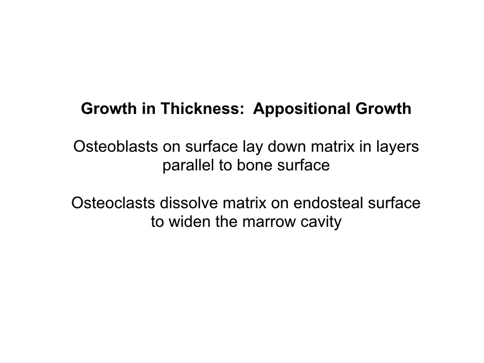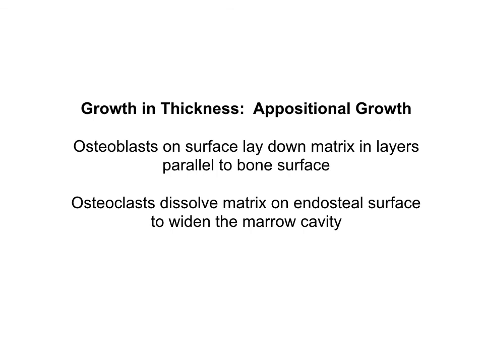So you do have bone builders on the outside surface capable of performing appositional growth. These osteoblasts are going to lay down matrix on the surface of the bone and just start adding new and new layers of matrix parallel to your bone surface.